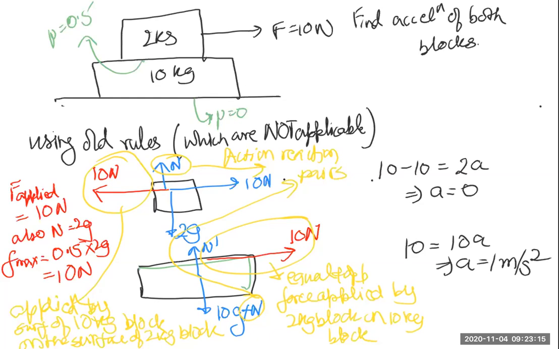And I'll tell you the reason why it is weird. It is weird because of the fact that I have applied a force on the 2 kg block, and as a consequence, the 10 kg block is accelerating. This is what is weird about this conclusion that I have drawn.